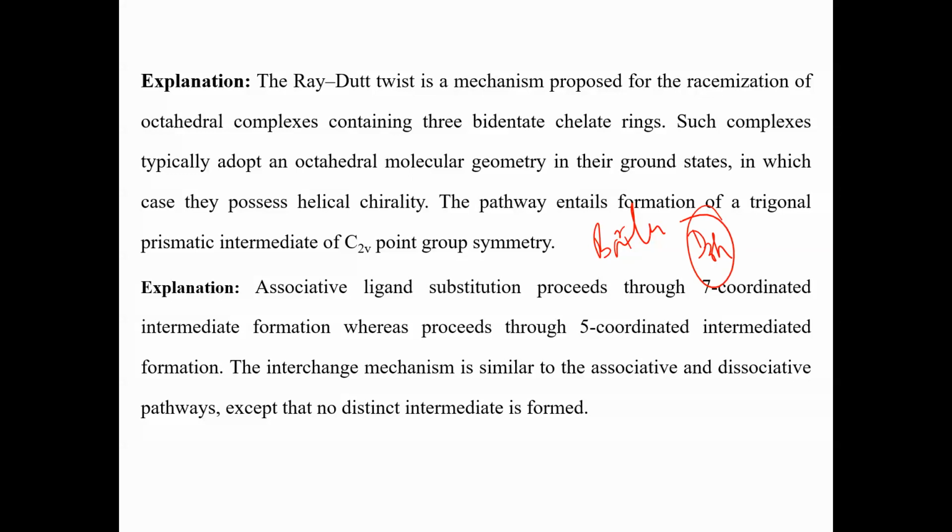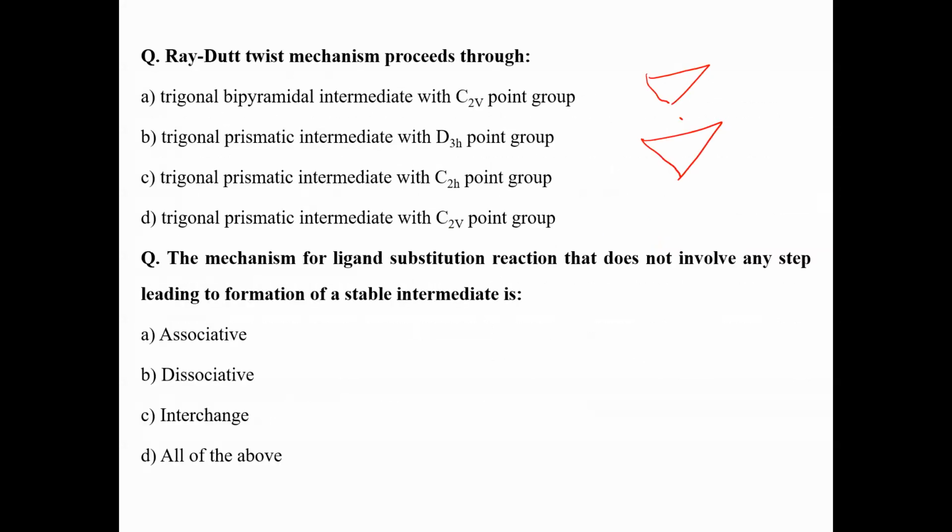The associative ligand substitution proceeds through a 7 coordinated intermediate formation. The interchange mechanism is the mechanism for ligand substitution reaction that does not involve any step leading to formation of a stable intermediate. So in octahedral complexes, whether they undergo associative or dissociative mechanism depends upon the intermediate stability.